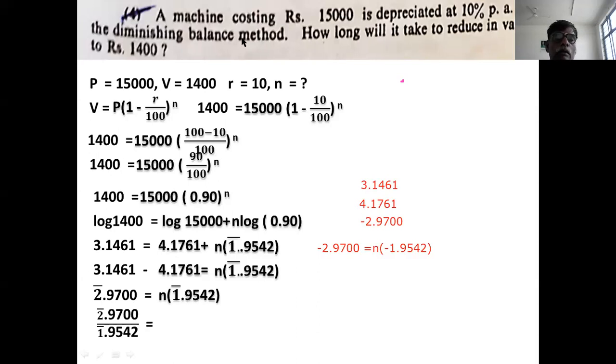Next step, if you take 2.9700 divided by bar 1.9542, that is equal to n.